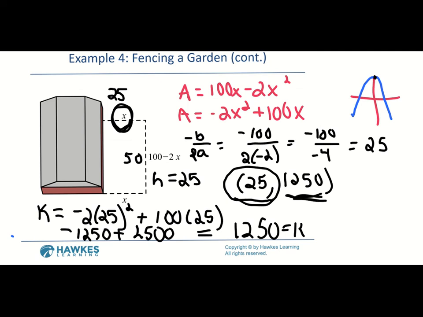That is going to be the maximum area, because y represents A, the area. So the 25 is what x could be, and then we can use that x to find the other dimension of 50. 25 times 50 gives us 1,250, so this is the actual max area, and 25 is your maximum length.